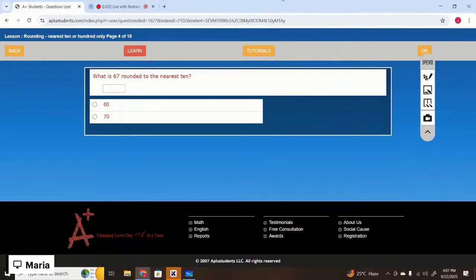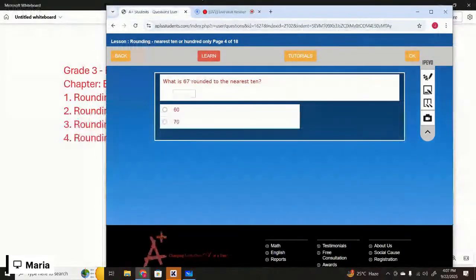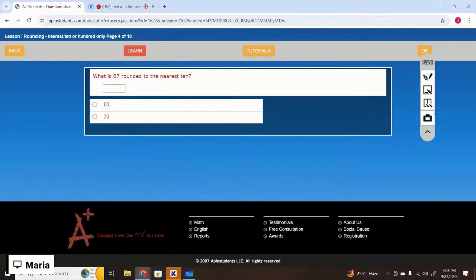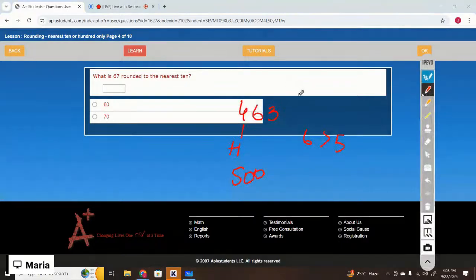What is 67 rounded to nearest 10? Sixty-seven is rounded to nearest 10. 6 is the digit that is at the tens position.